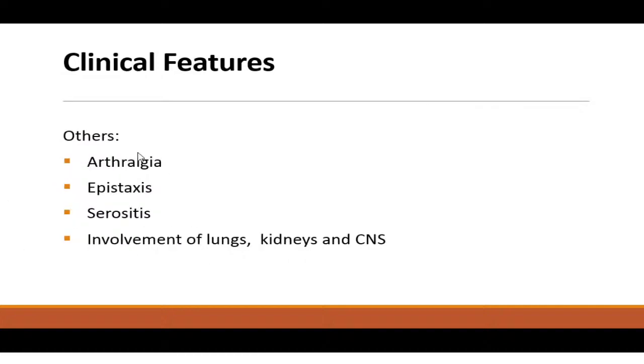Other signs are arthralgia, as I said, epistaxis, serositis, sometimes polyserositis, and sometimes, in a severe and aggressive immune response, we may see involvement of lungs, pneumonitis, kidneys, nephritis, and the central nervous system, sometimes with encephalitis.